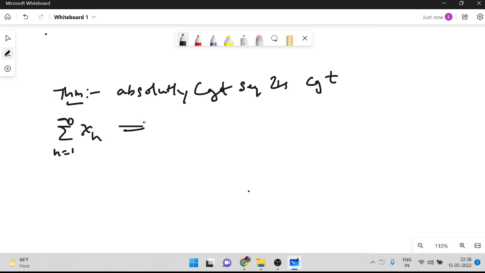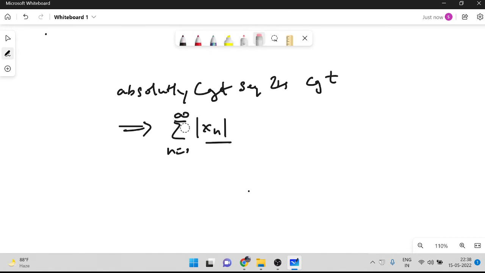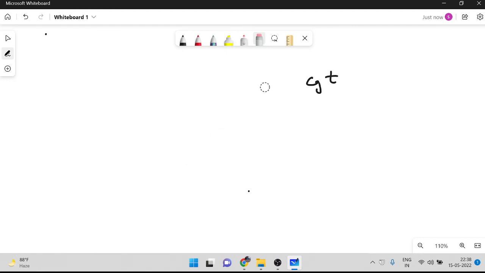This absolutely converges if the sum over n equals 1 to infinity of mod xn converges. So the positive values of each term must converge. Okay, that's kind of easy to see.